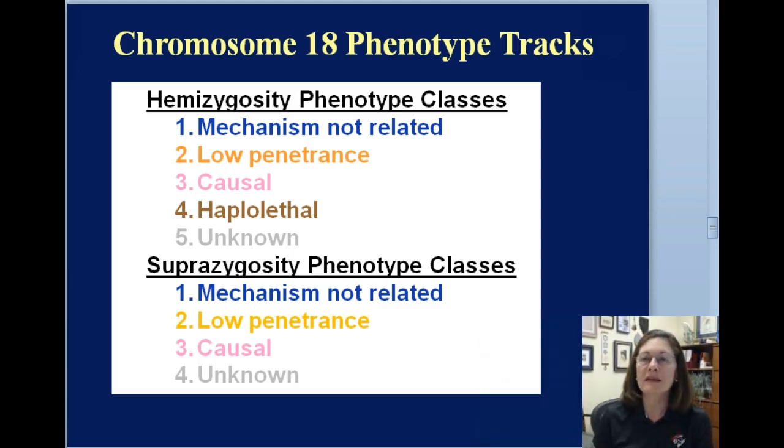Blue is not related. Orange is low penetrance, so something like between 4 and under 50% chance of causing a problem when you have a deletion of the region. Pink is causal, brown is haplolethal, and 5 is unknown. And similarly with the duplications, they're also color-coded by the same sort of scheme.